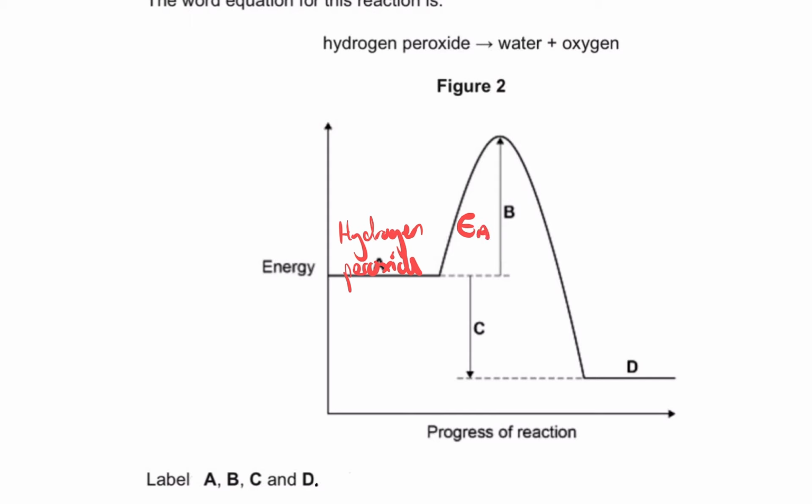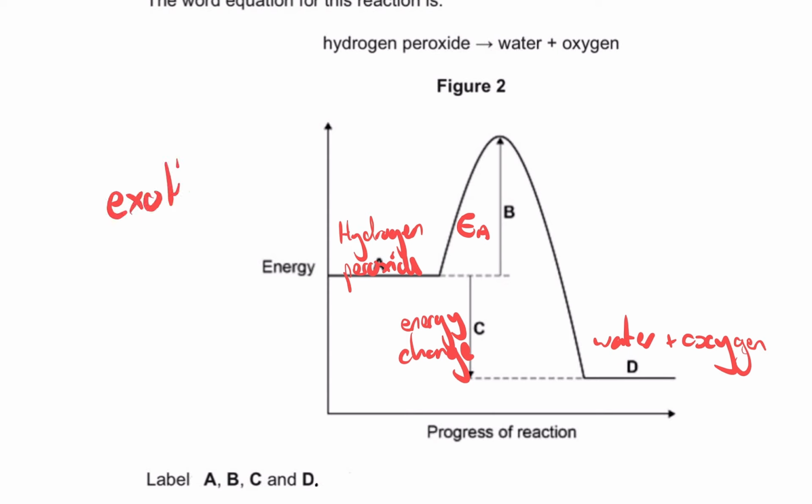C is our energy change. And D is our water plus oxygen. Bonus marks, exothermic or endothermic. It is, of course, exothermic.